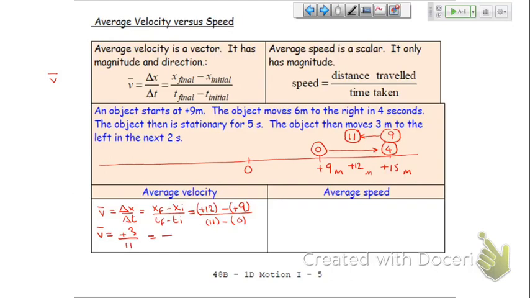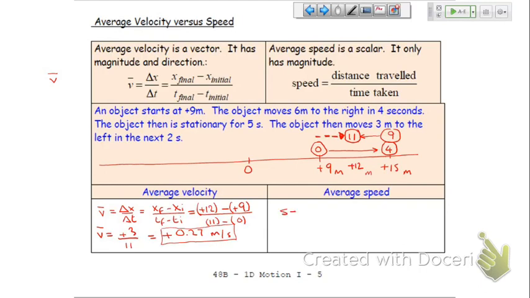So that equals +0.27, probably 0.28 depending on how you round it, meters per second. That positive means that you actually went in a positive direction, which we did, didn't we? There's my vector indicating my displacement, and we went in a positive direction.